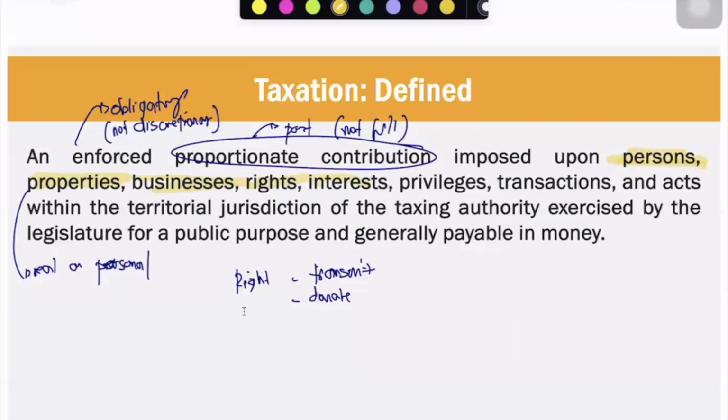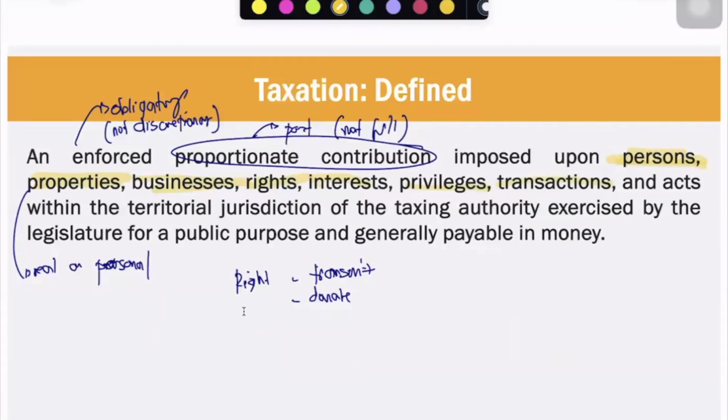So, interest in a particular property as a co-owner, or interest in a business. It can also be imposed on a privilege. So, let's say a privilege to practice a profession, or a privilege to transfer a property. It can also be imposed on a transaction. That can be a sale, etc., or any other acts.